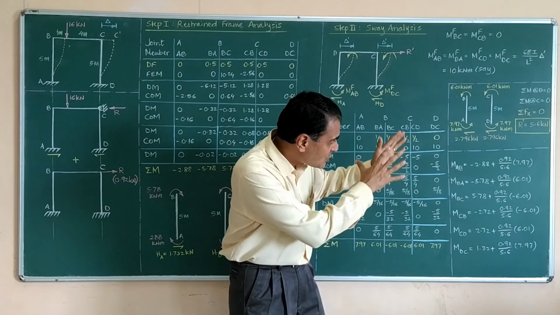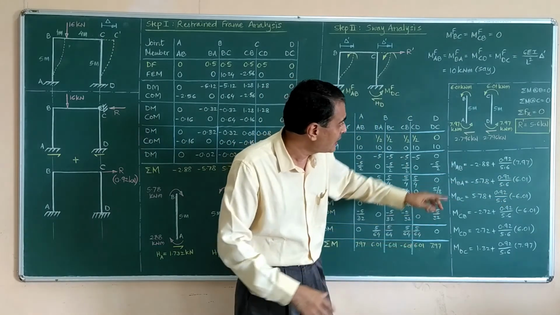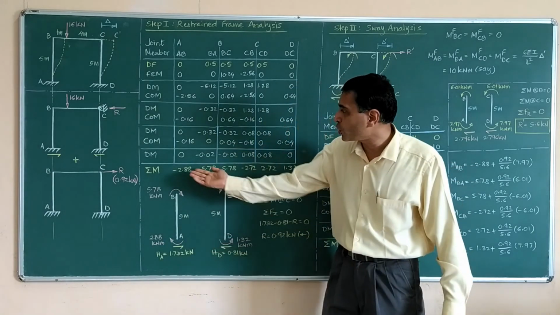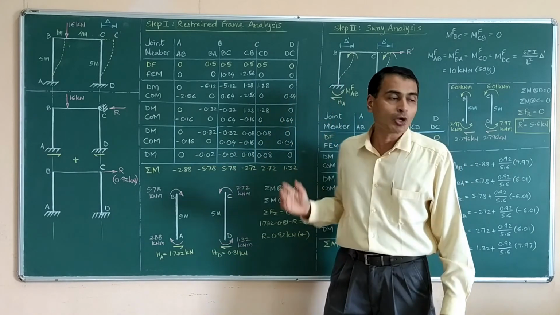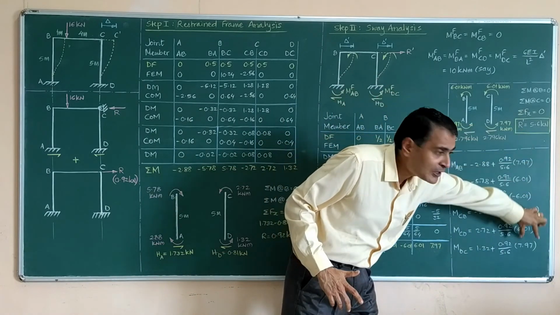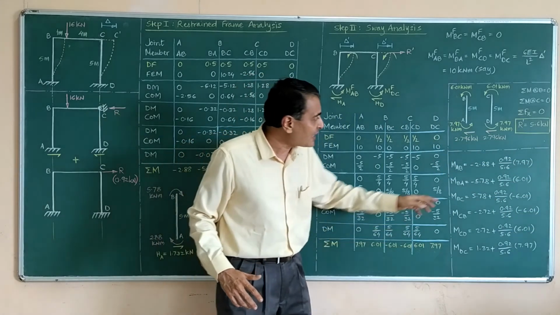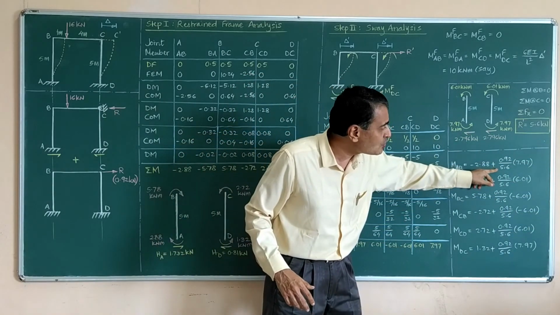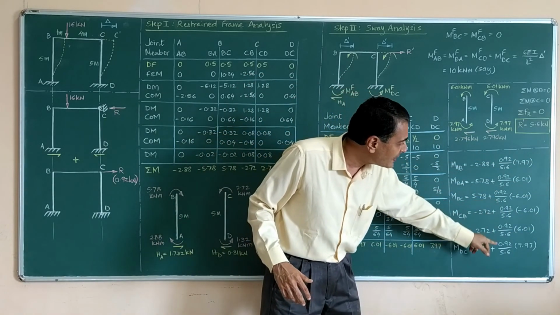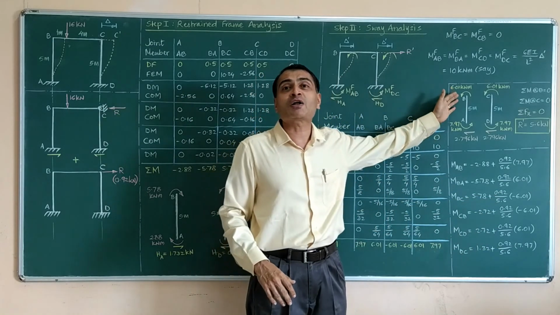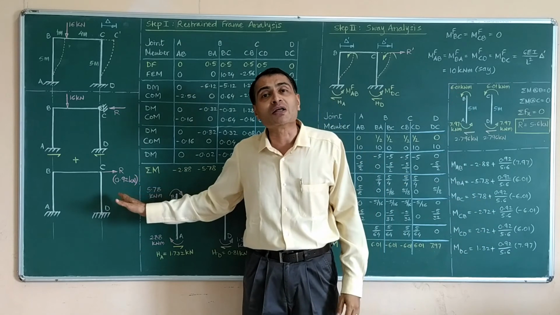So just observe this particular calculation. All the first terms are nothing but non-sway moments. All the bracketed terms are nothing but sway moments. And the factor 0.92 upon 5.6 is just the conversion factor from the arbitrary case to the real case.